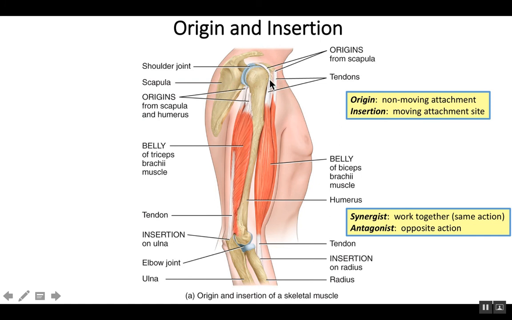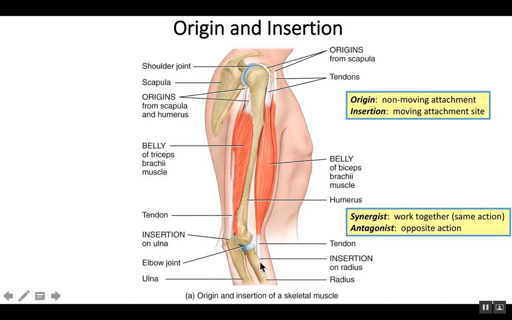The two tendons off those two origins will then combine to form what we call the belly of the muscle, which is where most of the thick muscle fibers are located. Then at the other end, the tendon that attaches to the moving end is known as the insertion. And we've already learned that insertion.